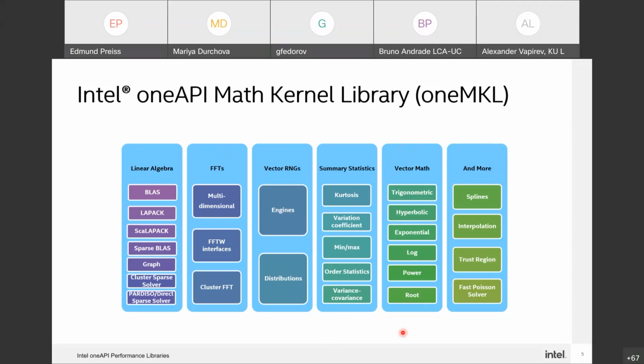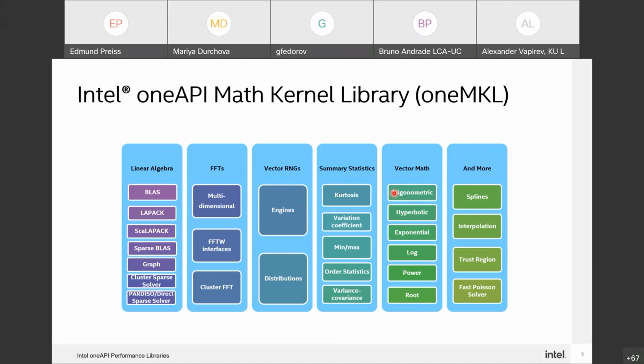A very wide set of vector math functions: when the input vectors are pretty long, it makes sense to run MKL code there, and it will give you a lot of performance benefits compared with the same functionality available from the Intel compiler.